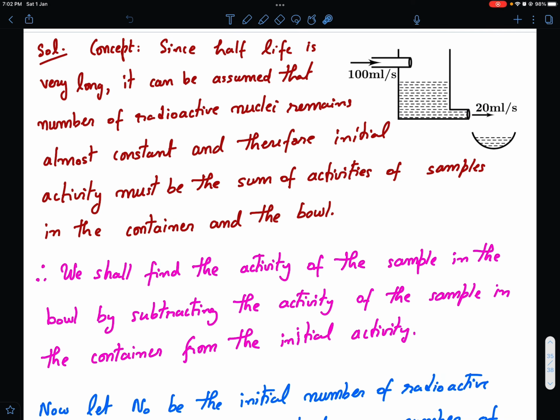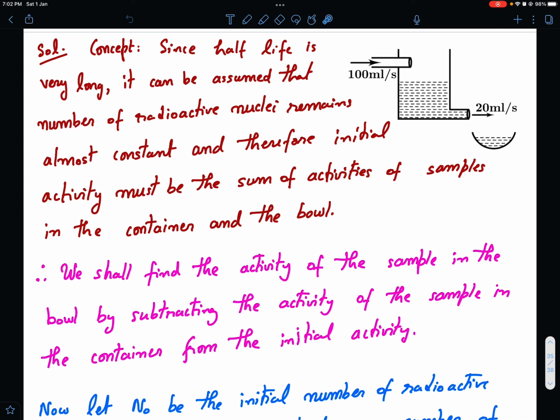Since half-life is very long, the number of radioactive nuclei remains almost constant. Therefore, the initial activity must be the sum of activities of the sample in the container and the sample in the bowl.